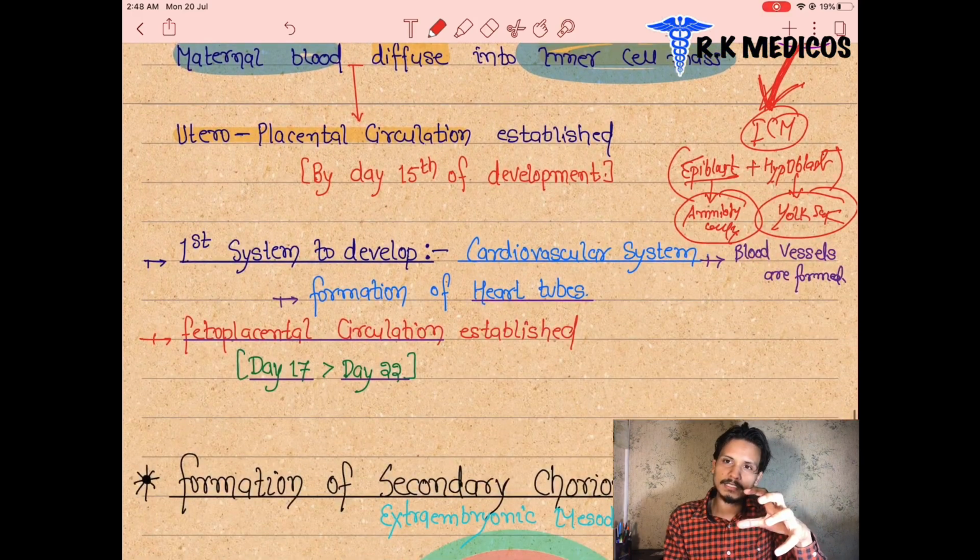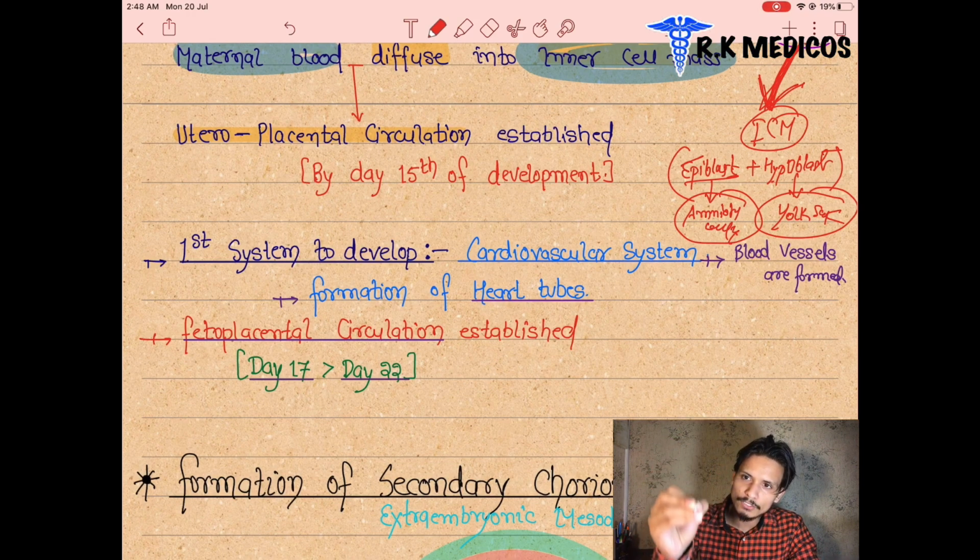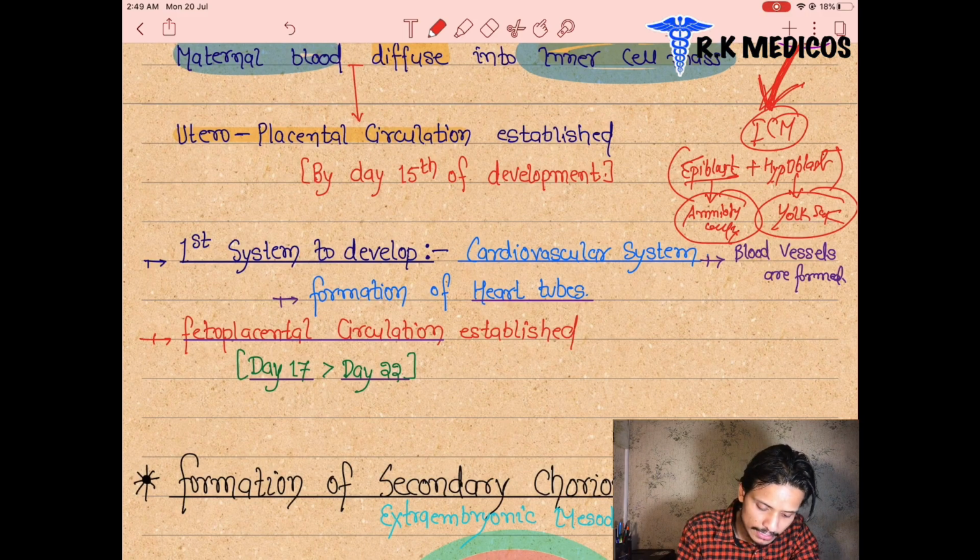They are transferring their blood into the inner cell mass, the hypoblast or epiblast layer, and this is called uteroplacental circulation. This transmission of blood from the syncytiotrophoblast to the inner cell mass layer is called uteroplacental because the blood is coming from the uterine wall through these placental parts, the syncytiotrophoblast. We can say it is the uteroplacental circulation.